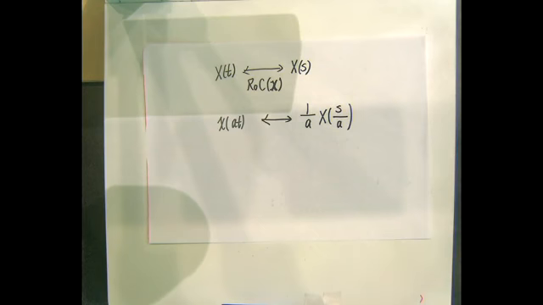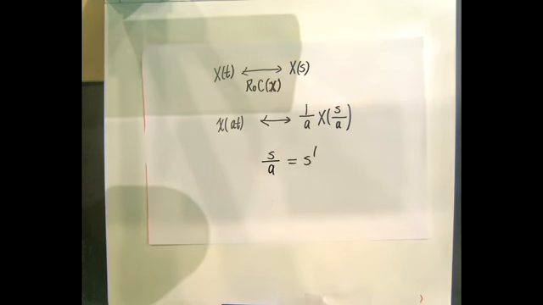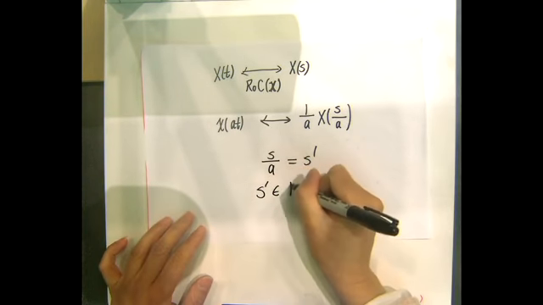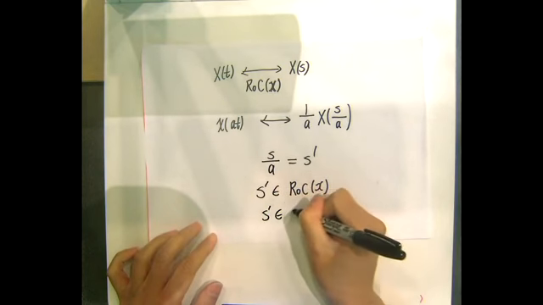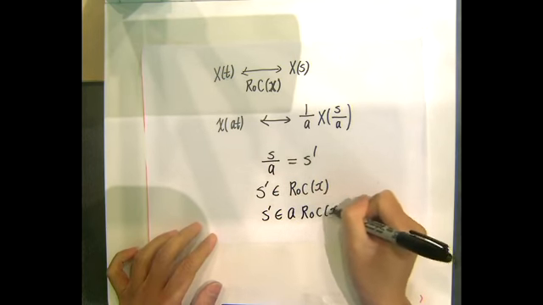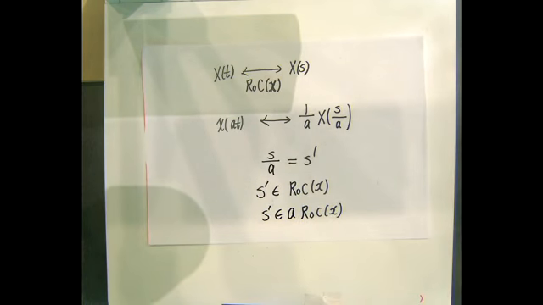So I can consider s/a to be my s prime. So this s prime must belong to the region of convergence of X. So that also indicates my s should be in the scaled region of convergence of X. So all the tricky parts of the Laplace transform go to the region of convergence. Does that make sense? So when you are doing this, you have to pay attention.